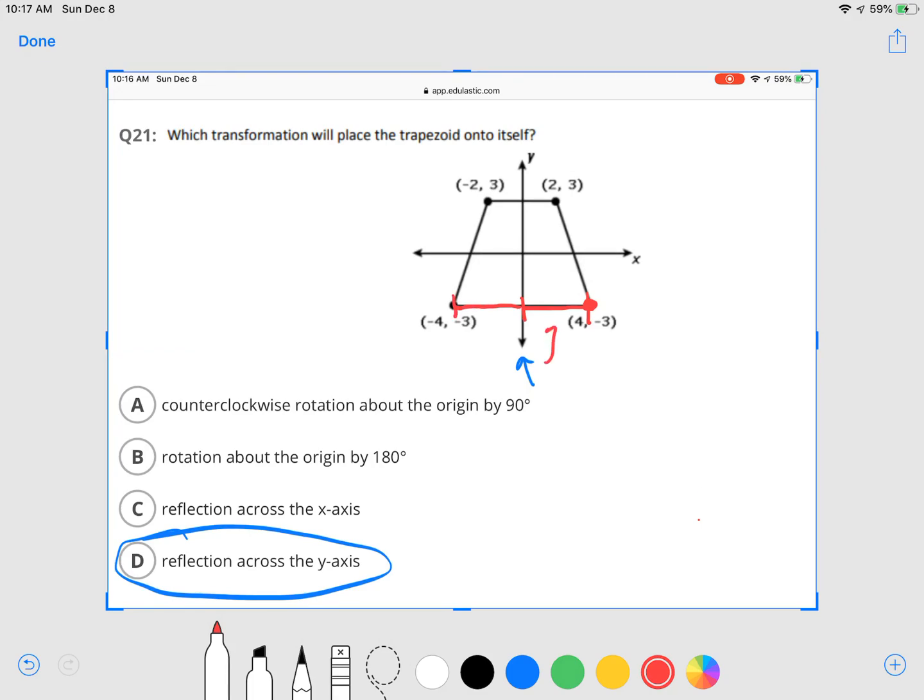Now, if you're saying, but Delamo, how do you really know how long that is? Like, how can we be certain they're the same length? Then you can actually go ahead and look at these coordinates. So, you know the y-axis is 0, 0, okay? And then it says here that this is 4, -3. So it's 4 units to the right of the y-axis. And then this other one is -4, -3. So it's also 4 units to the left of the y-axis.